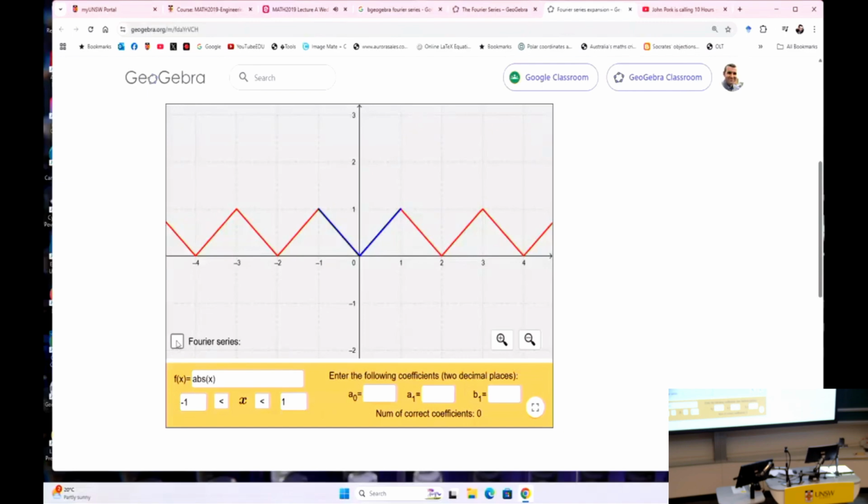Okay, what happens if I change my graph and I'll do just x? Is that an even function? No. How would you describe it? It's odd.